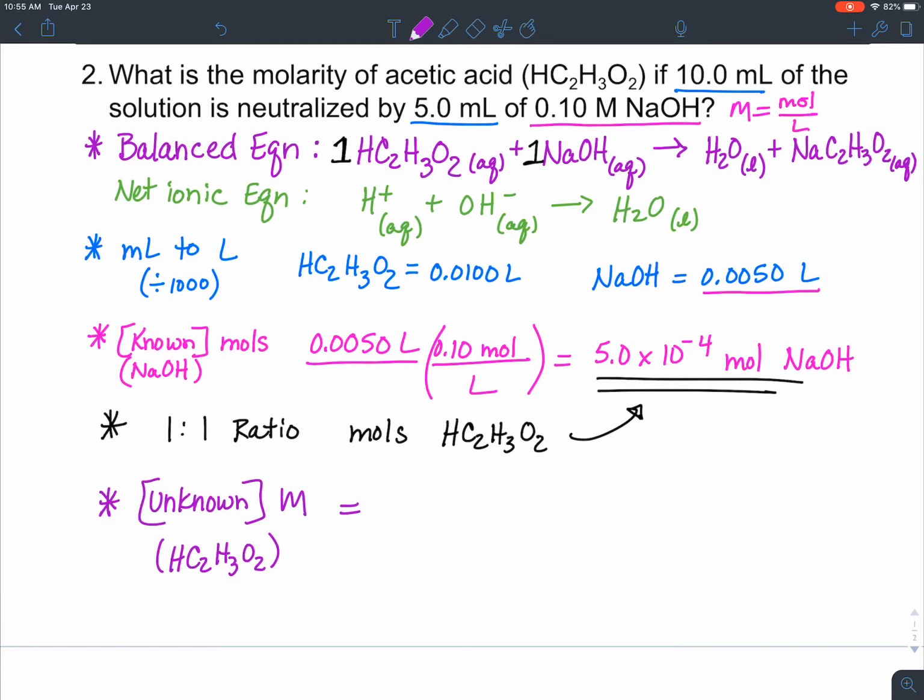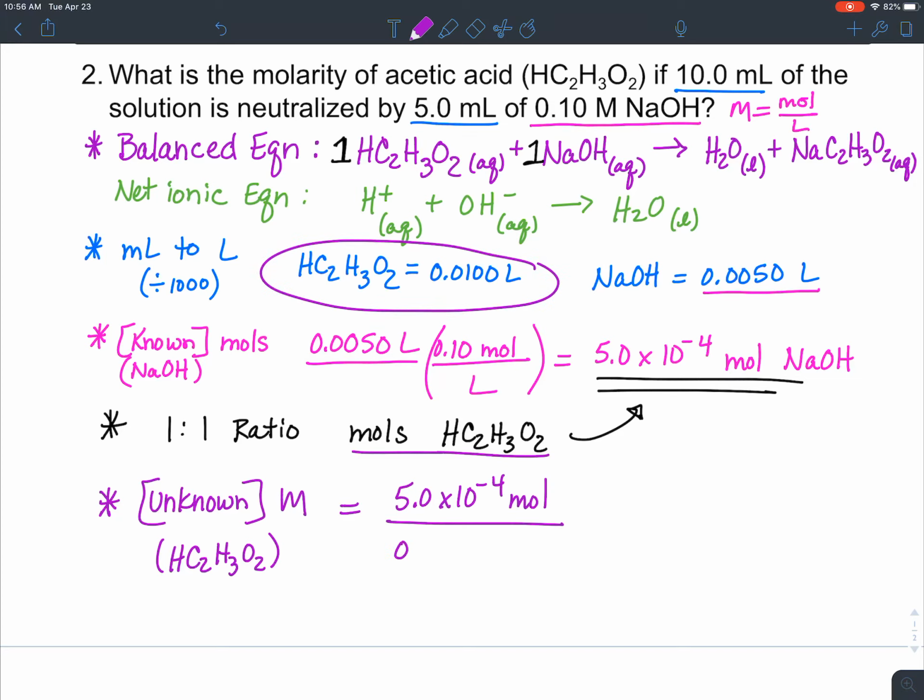And in order to do that, we're going to take the moles, 5.0 times 10 to the negative fourth moles of our acid, and we're going to divide that by the liters of our acid. So we're going to take 0.0100 liters, and I calculated that one out already, and we get 0.050 molar of our acid, HC2H3O2.